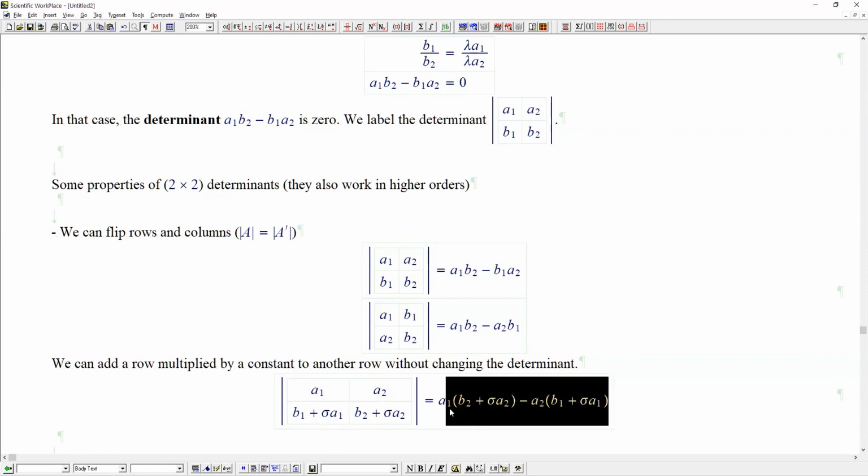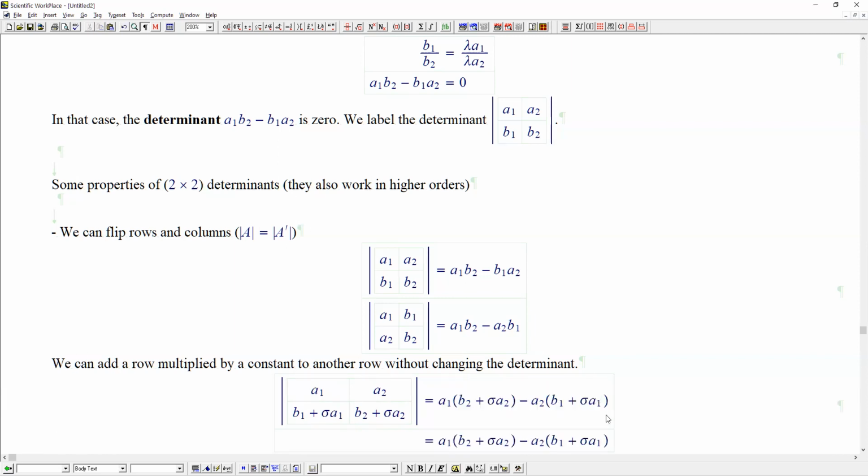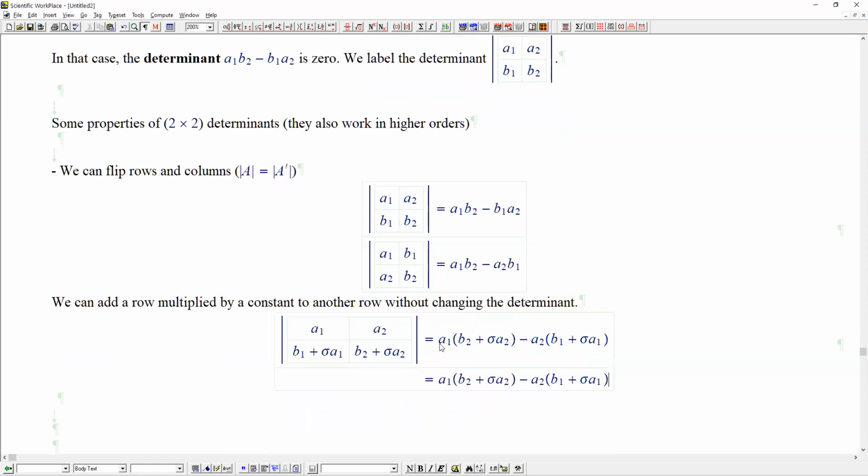If I just do these operations, you see what's going to happen. I'm going to get A1 times A2 sigma here, and A2 times A1 sigma there with a minus sign.